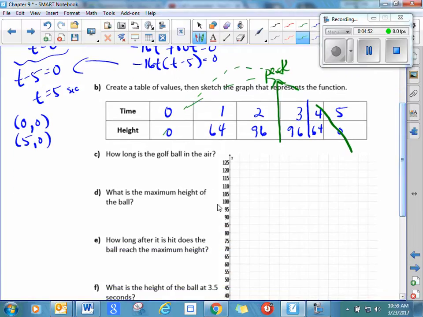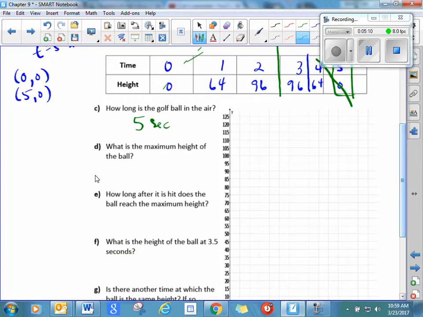In answering part C, it says, how long is the ball in the air after it leaves? How long is it up in the air? Well, that's this guy right here. It's up in the air for 5 seconds. And then the next question says, what's the maximum height?